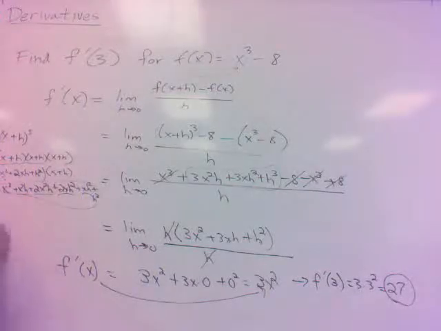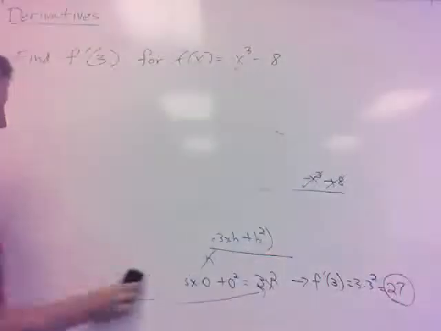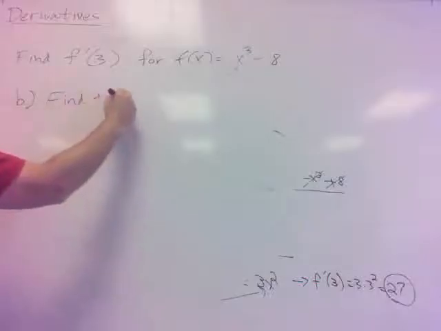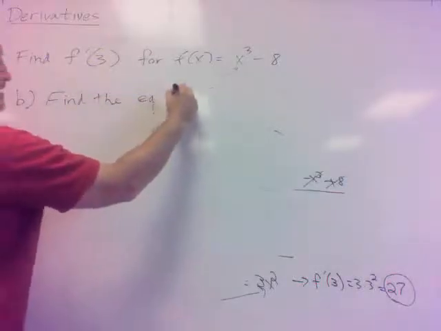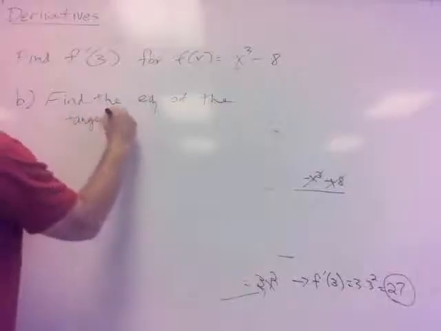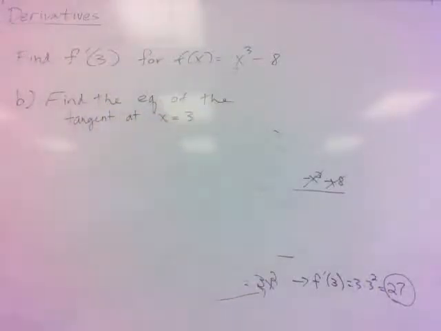Part B on this one. That was A. Find the equation of the tangent line at x equals 3.